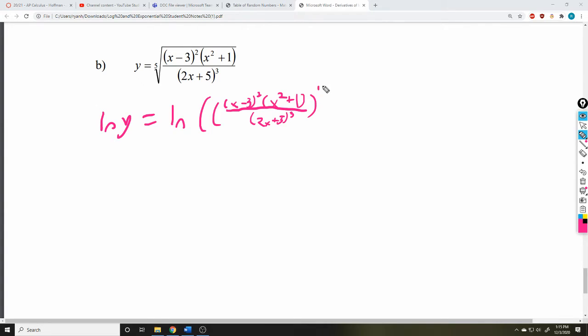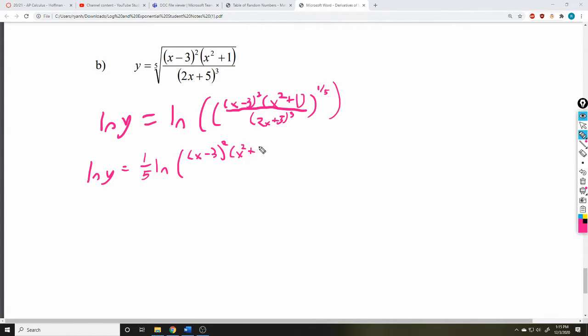And the reason we want to do that is because then we can take this 1/5 and bring it out in front of the natural log, so that now we don't have to worry about that chain rule. We just have this 1/5 out in front.